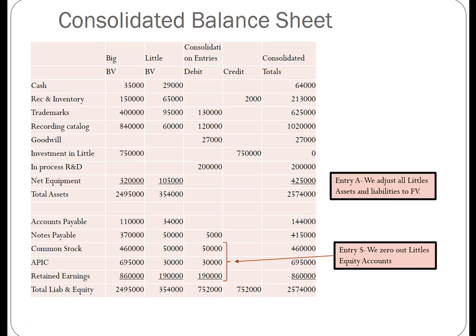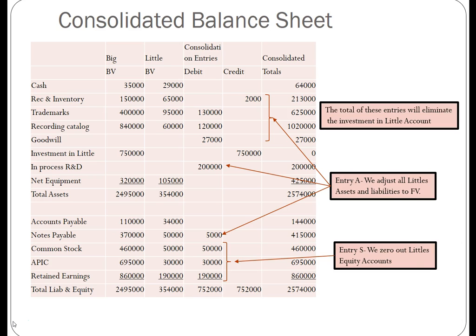The next thing that we would do is adjust all Little's assets and liabilities to fair value. So that's booking all of the adjustments that we discussed. And then the last thing we do is zero out the investment account. And now we have in this column right here all of your consolidated balances, which would appear on the parent's balance sheet.